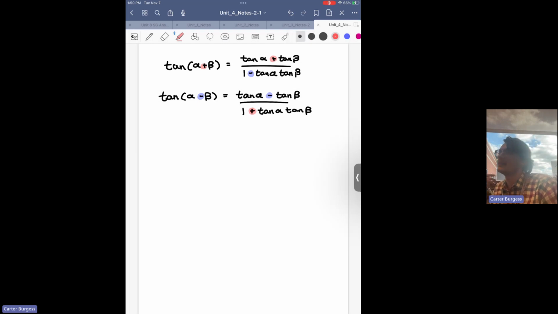Now, one of the really nice things about using pi over 4 as one of our thetas, right off the bat, is that tangent of pi over 4 is the easiest tangent value to compute. What is tangent of pi over 4?